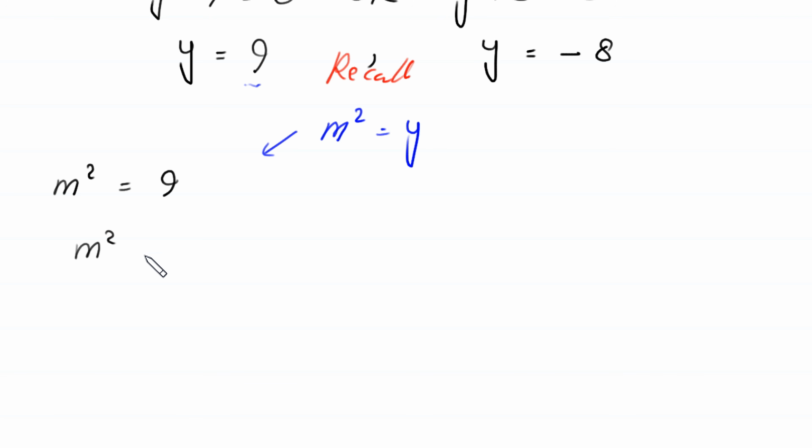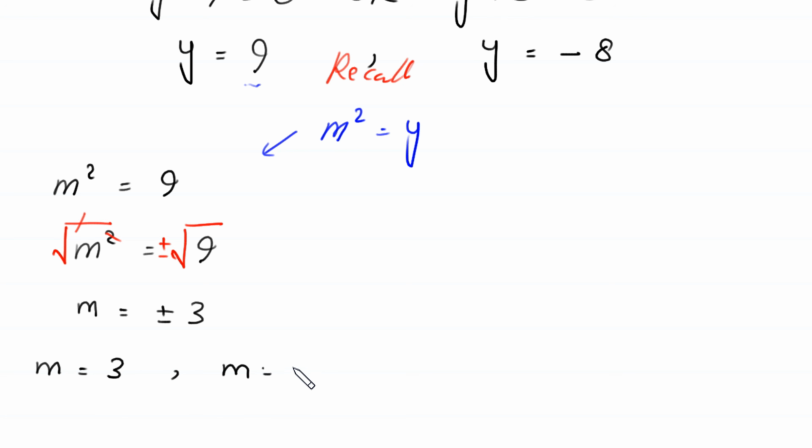This square will be cancelled out with this square root, and we get the value of m is equal to plus minus 3. It means m is equal to 3 and m is equal to negative 3.